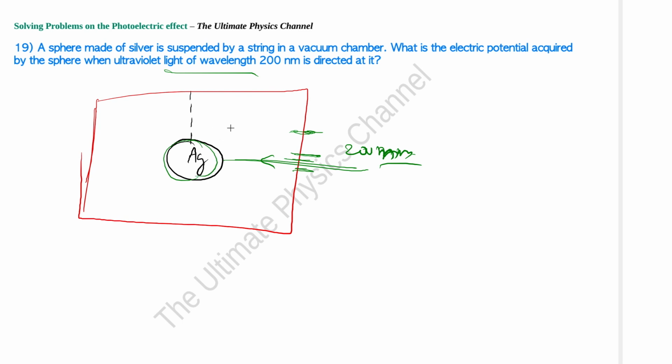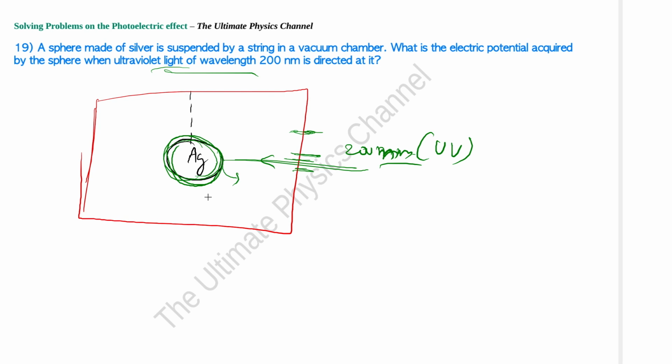So here, this is also an application of the photoelectric effect. This is ultraviolet light that is incident on this metal surface, and that should cause some ejection of photoelectrons from this metal surface. And as a result, the metal surface will acquire some electric potential.